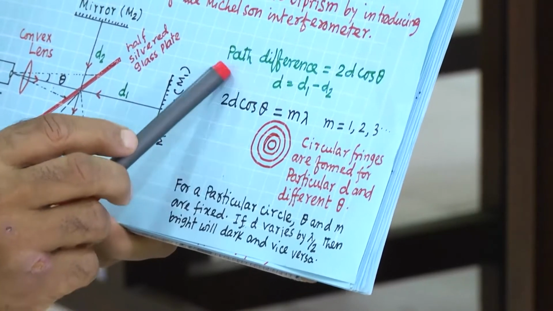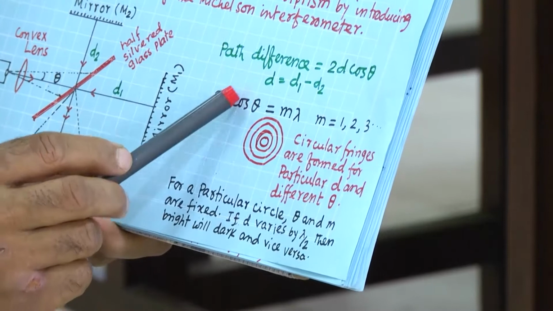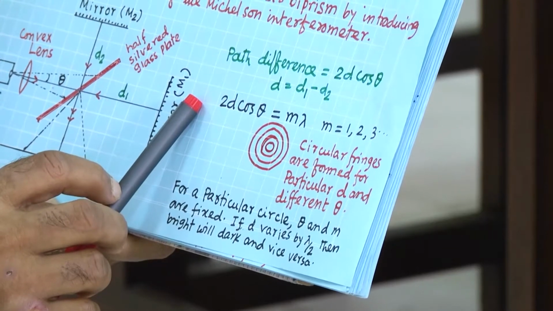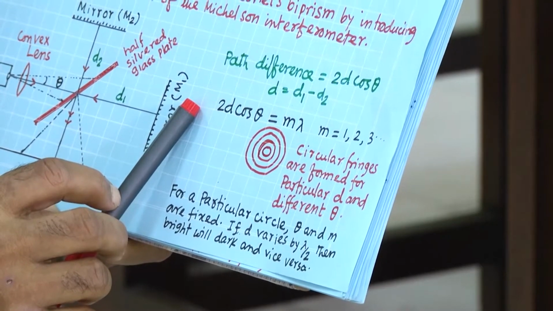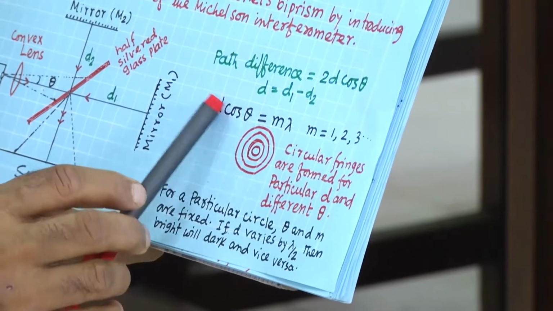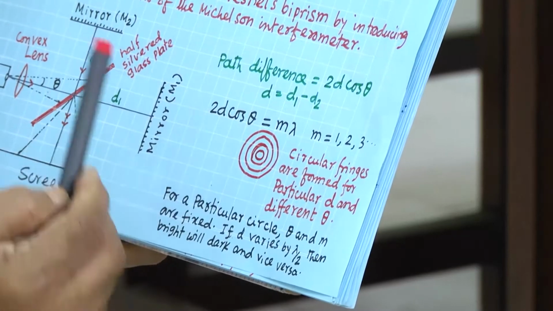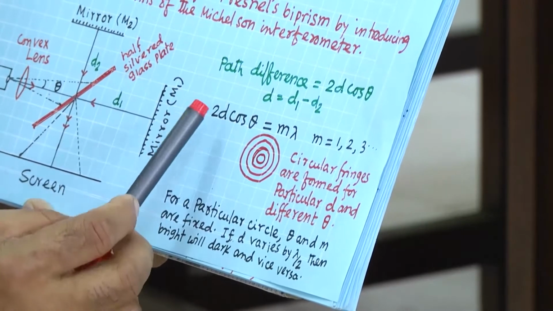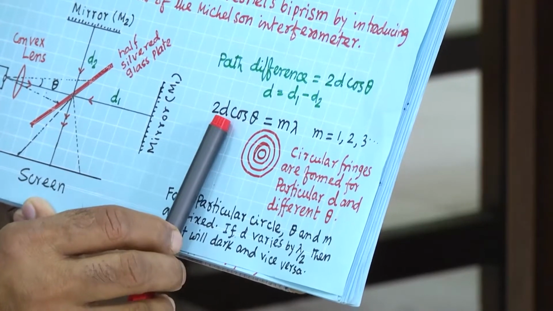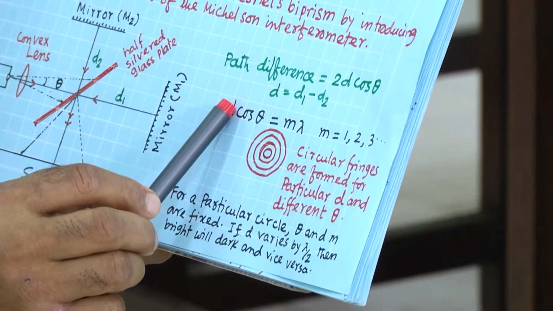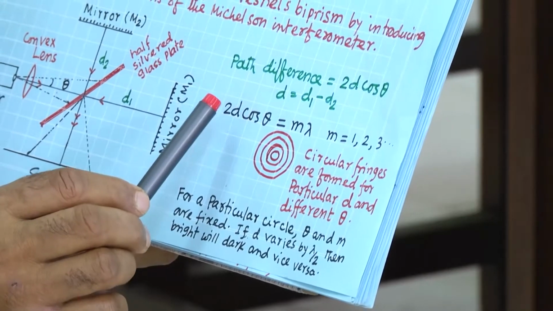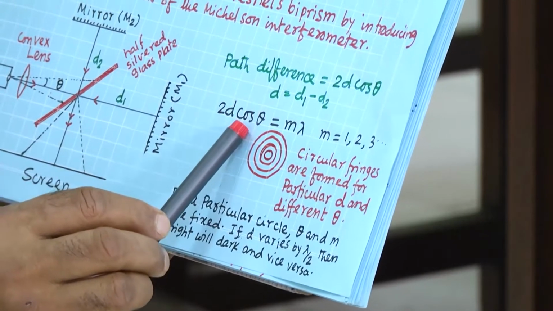Since 2d is there, if the shift in d is lambda by 2, then 2d changes by lambda. 2d actually for the central fringe was m lambda. Now, if I increase d by lambda by 2, d will be d plus lambda by 2.